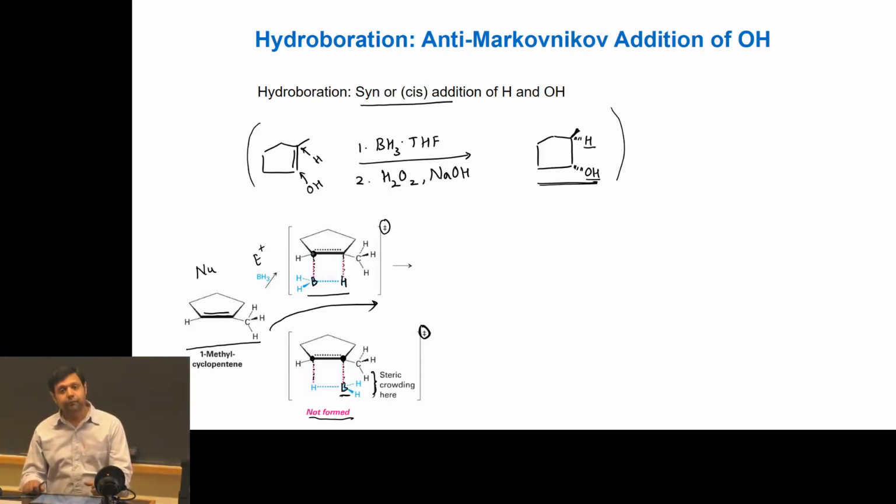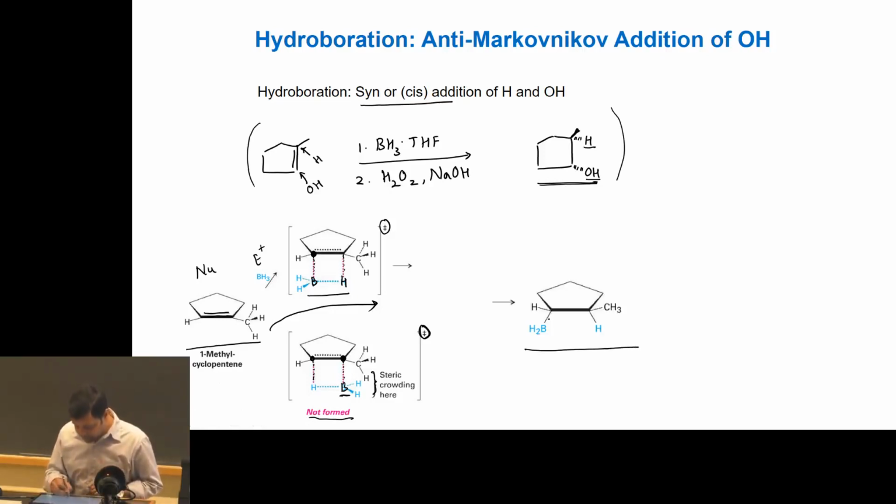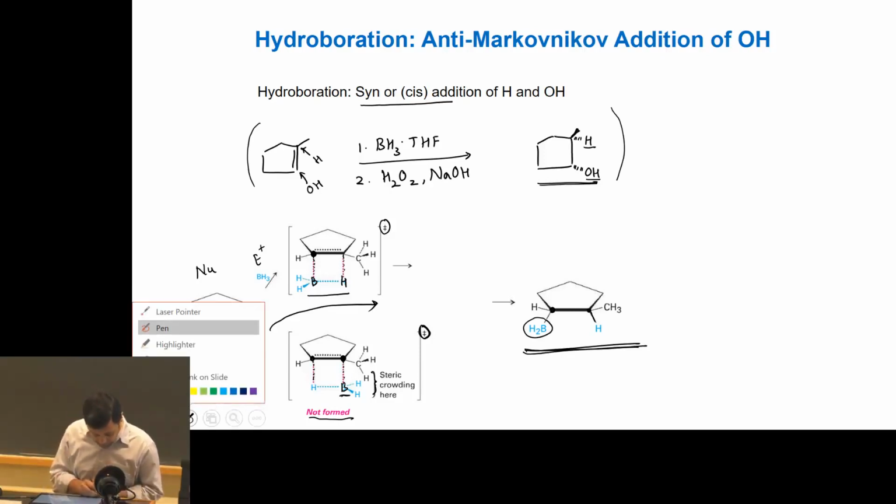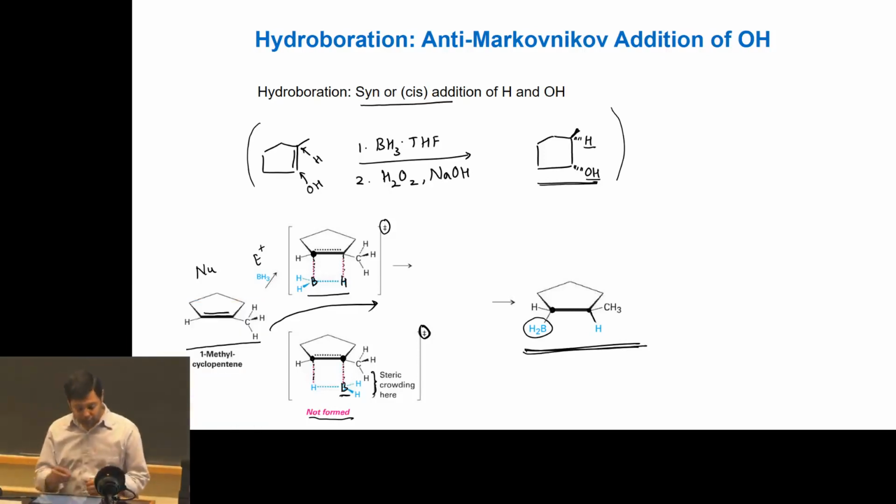All right. Now if the reaction takes this path, what you will get as a result is this: BH2 attached to the less substituted carbon of the double bond, hydrogen attached to the more substituted carbon of the double bond. Right? So let's see how we draw the arrows to get to this product. Again, please follow me carefully. The double bond is behaving as the nucleophile.